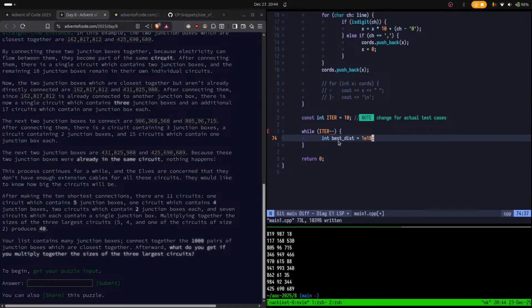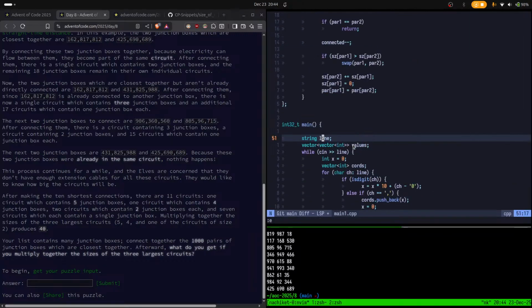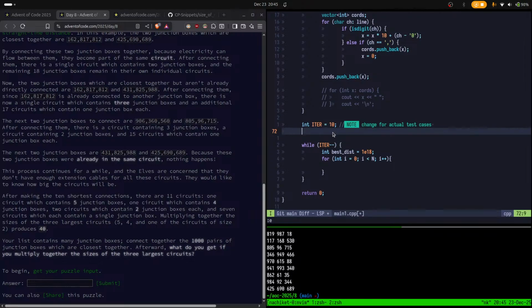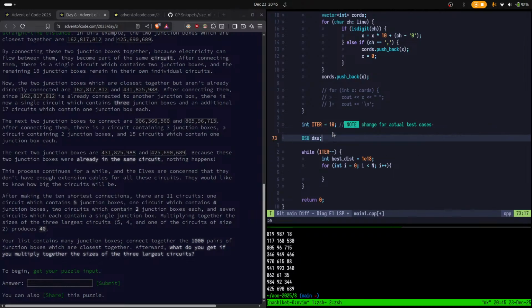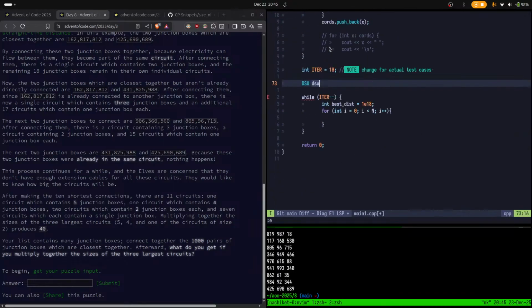For now, let's write a for loop, i plus plus, and initialize it. It is taking this and the constructor or init, as chords dot size.